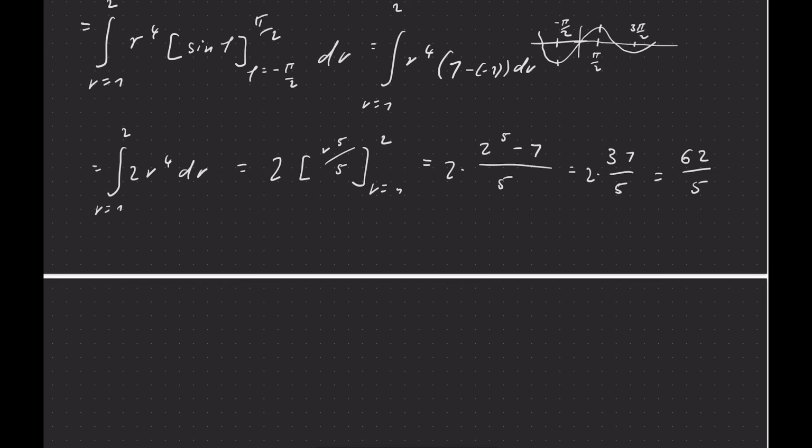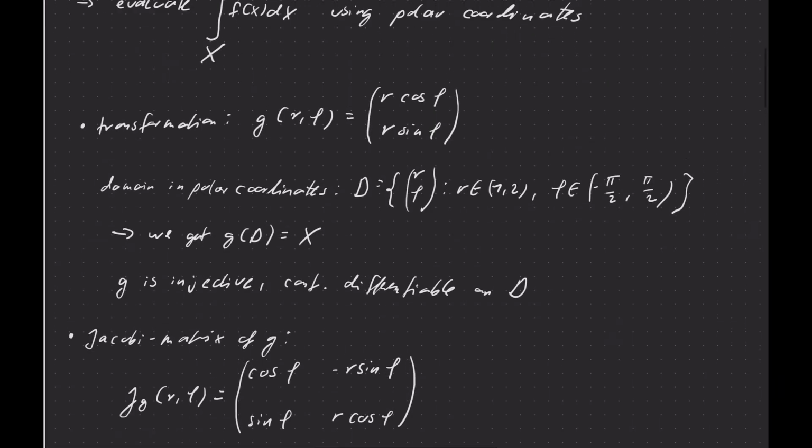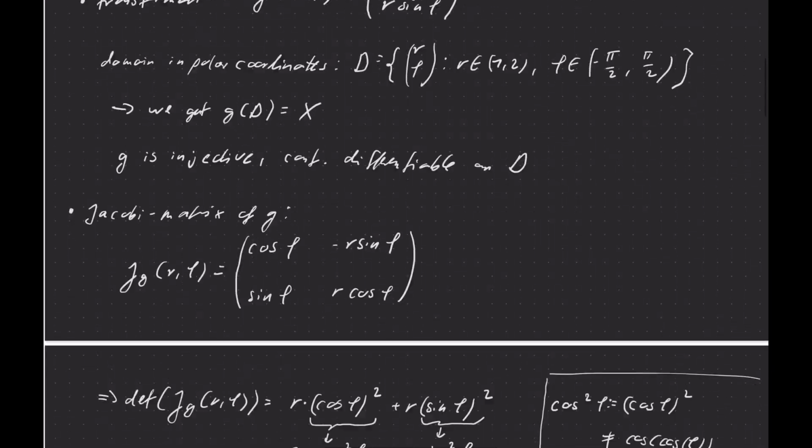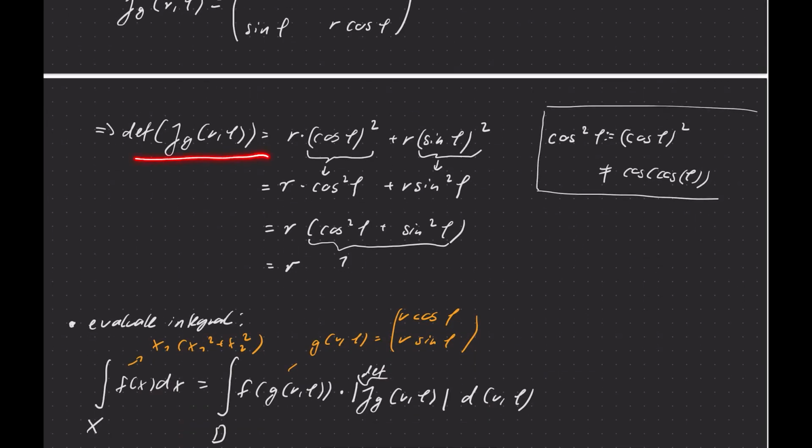So as you can see, using polar coordinates makes the description of the domain a lot easier. And in this case, it also made the function itself a lot easier. The downside of this, of course, is that we have to compute this Jacobi matrix here, and we have to compute this determinant here. But on the positive note, we only have to do this once.